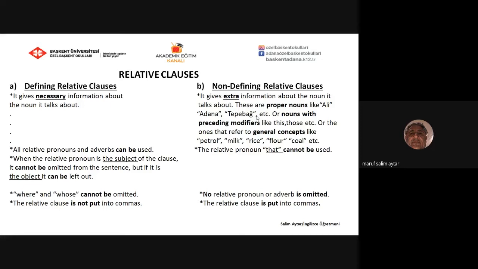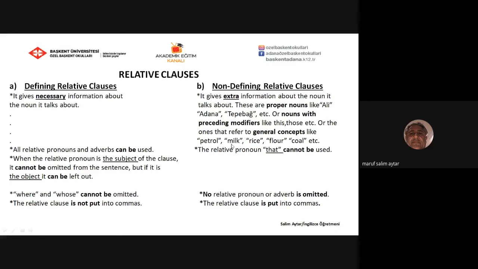Which are these nouns? They are proper nouns like Ali, Adana, for example, or nouns with preceding modifiers like this, that, these, those, my, your, okay? Or the ones that refer to general concepts like petrol, like milk, for example.